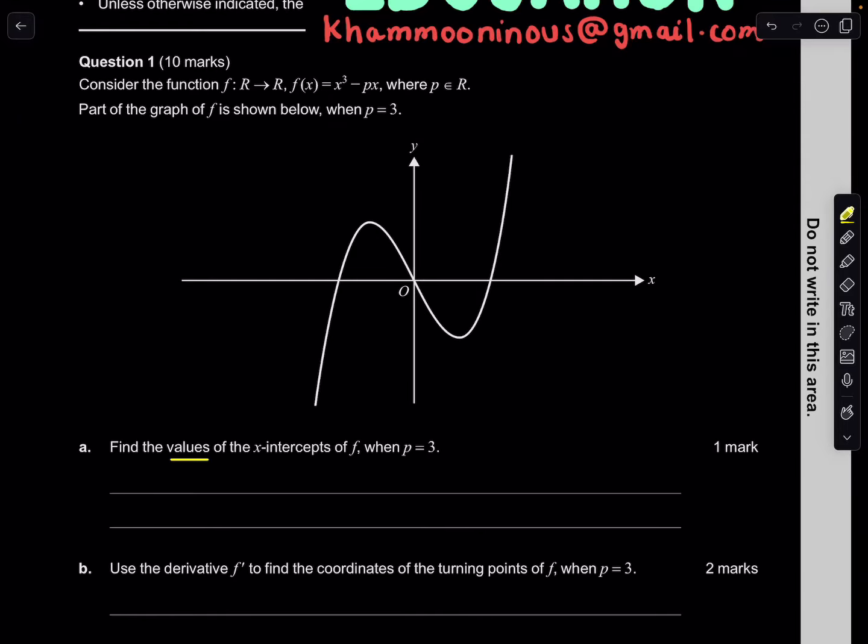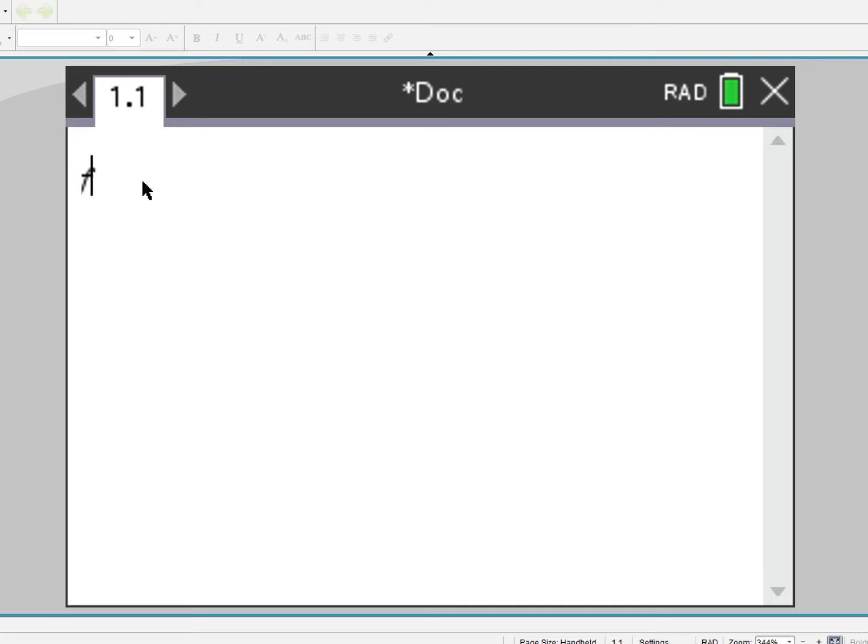Beautiful. So let's define this in our CAS. f of x is defined as x to the power of 3 minus p times x. Now, it's saying p is 3 for this case, so we put p equals 3. And we just need to find the x-intercepts. To find the x-intercepts, you let f of x equal 0 and solve for x.